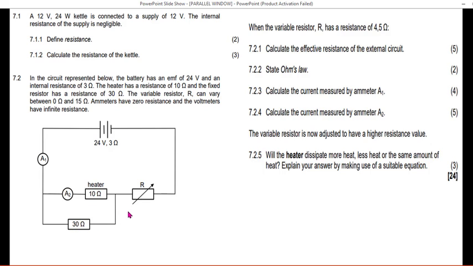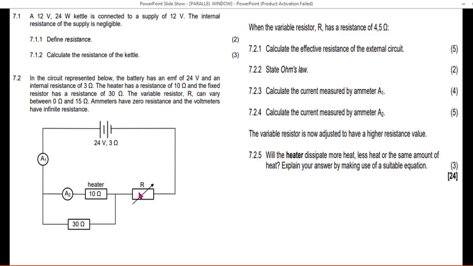And then when power decreases, there will be less heat. We can also look at it this way in terms of current. When you increase resistance this side, the current going through the battery, which is the total current, will decrease, because we know that current and resistance are inversely related.